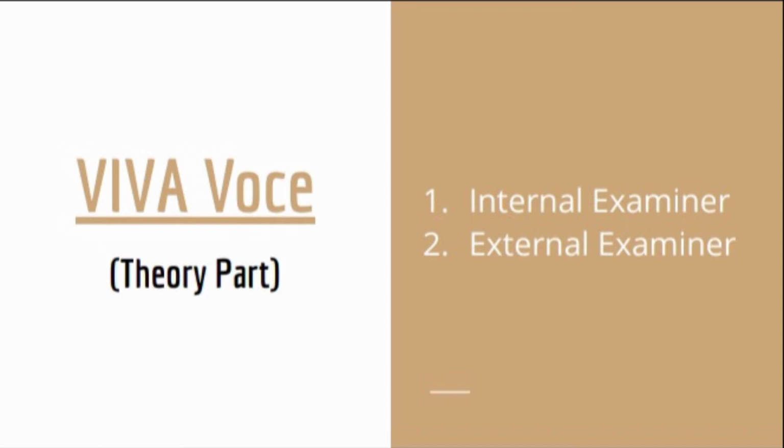Now for the viva of the theory part, it basically happens that for a particular subject, the topics are divided among the internal and external examiners. For example, say there is anatomy, so the external examiner might be taking viva from upper limb and embryology, while the internal examiner might be taking from thorax and lower limb.